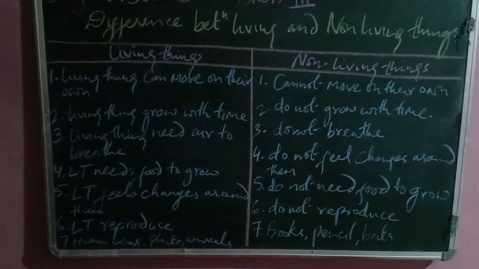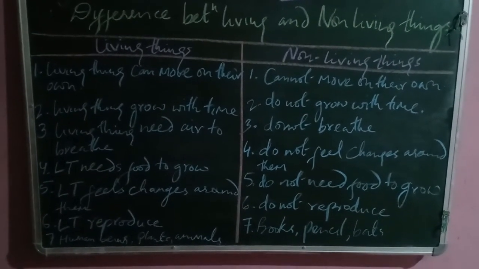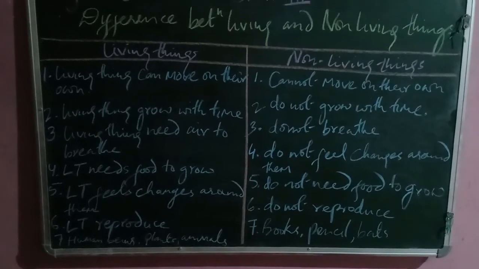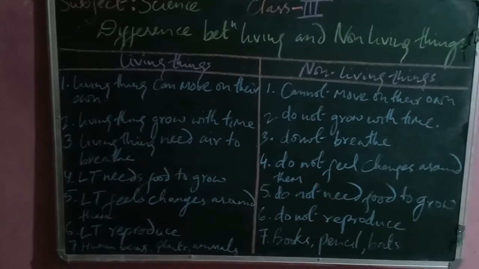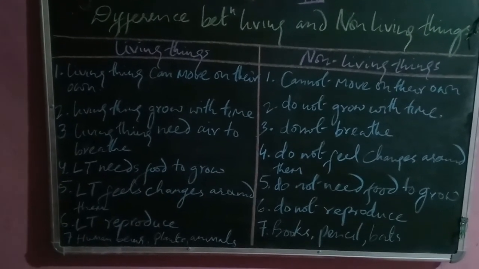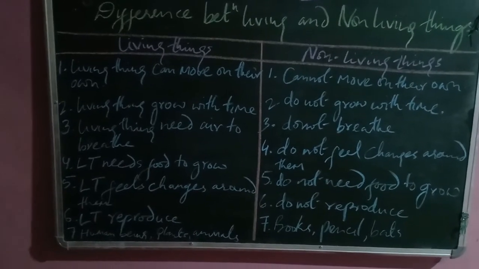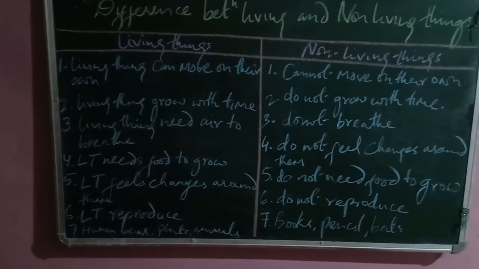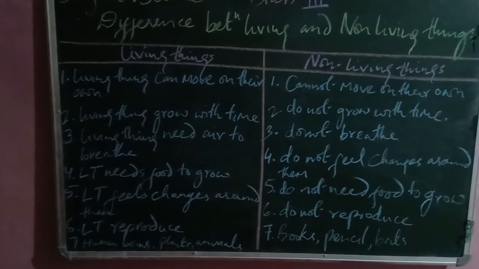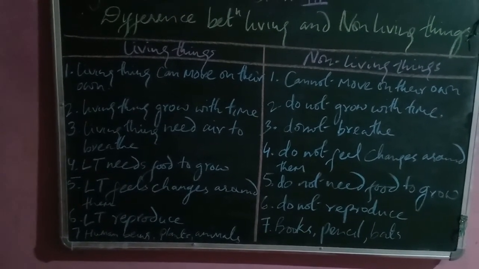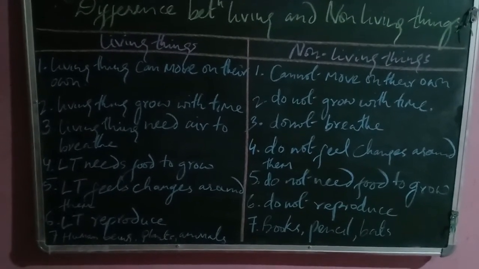Living things need air to breathe, but non-living things do not breathe. Living things need food to grow, non-living things do not. Living things feel changes around them, but non-living things do not. Living things reproduce, non-living things do not.